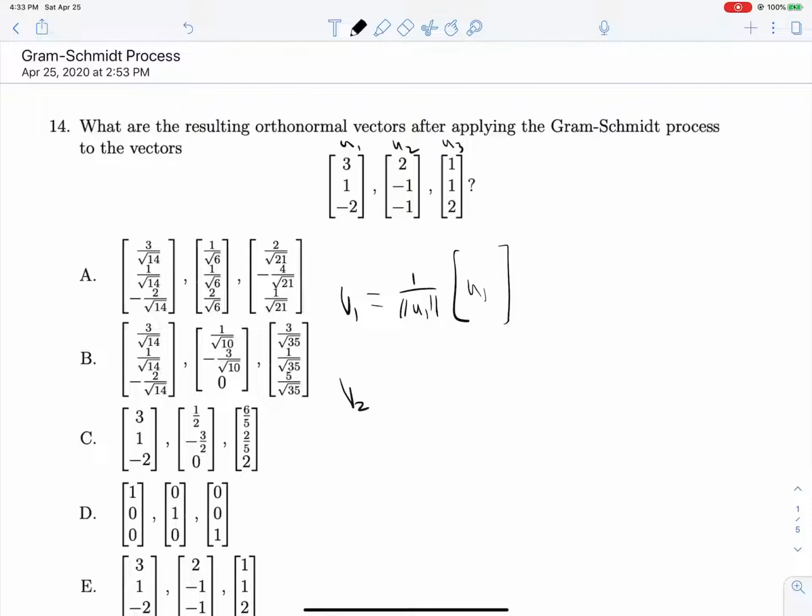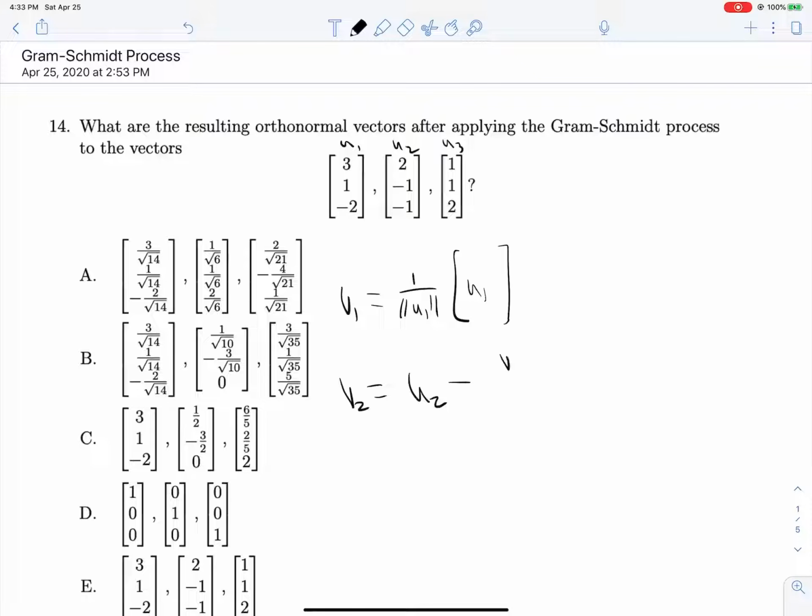Now we can take V2 as the normalized. So I'll just note that we're taking the unit vector of what we get in the end, because this is a little weird to write. We're going to take U2 and subtract from it U2's projection onto V1.